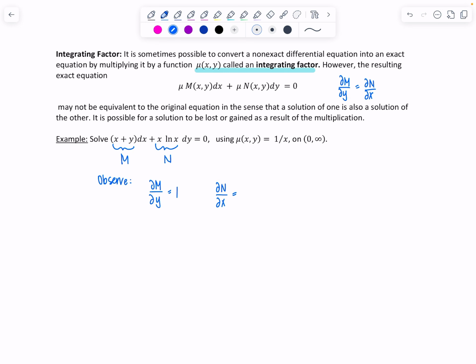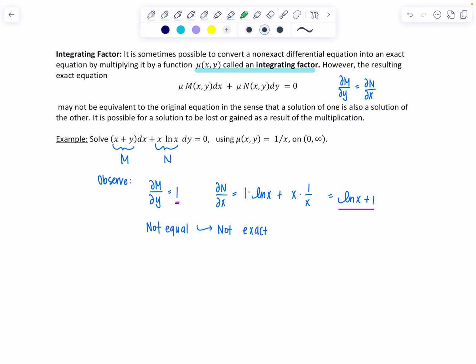Well, we need to apply the product rule, right? So derivative of x is 1, leave ln of x alone, plus, now I leave x alone, derivative of ln of x is 1 over x, and this simplifies to ln of x plus 1. So it's pretty clear to see these are not equivalent, right? So since at the moment these are not equal to each other, then my differential equation is not exact.